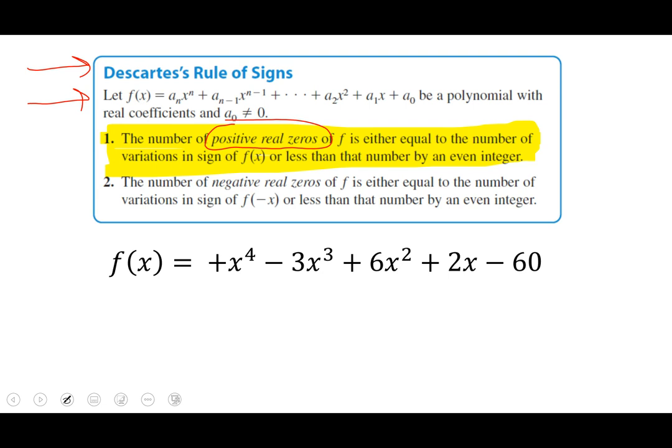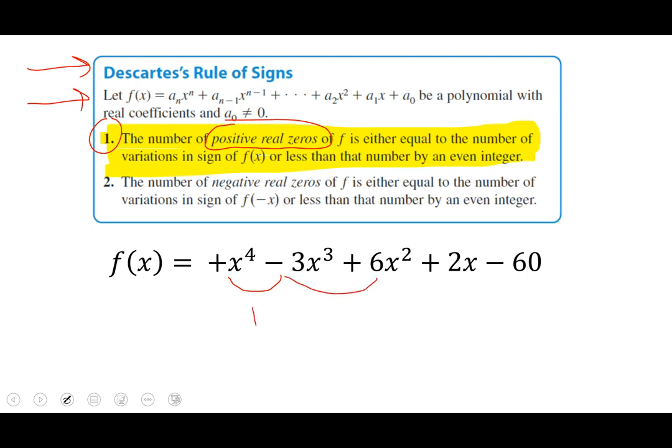What you're going to do to use part 1 of this rule is count the sign changes. Anytime there's a change from a positive to a negative or a negative to a positive, that counts as a sign change. So starting with positive x to the fourth, as I go from positive x to the fourth to negative 3x cubed, that counts as a sign change.